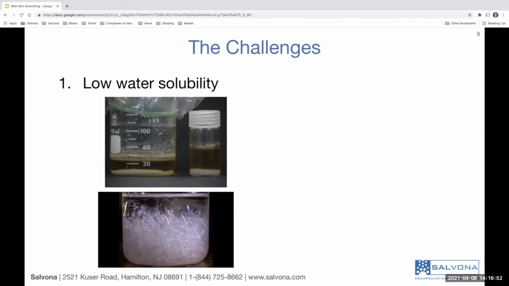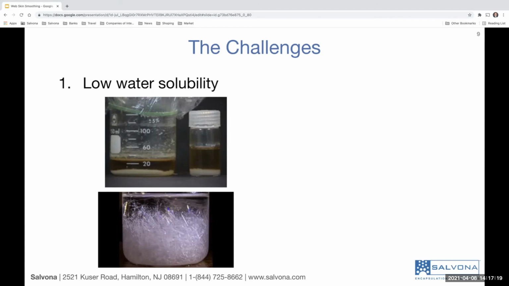Therefore, it's causing a lot of trouble to formulators. So formulators, listen well, because we're going to show you how to overcome this problem. The typical way formulators overcame the problem was to use alcohol or high surfactant levels. Both are ingredients that are not recommended to be used on the skin, because typically you don't want to damage the skin. So we have to have another solution for that.